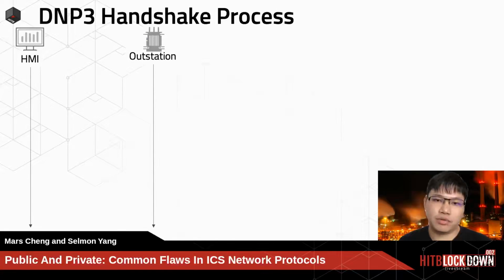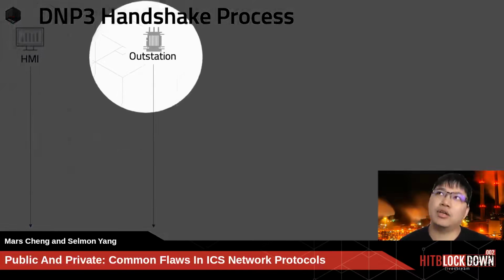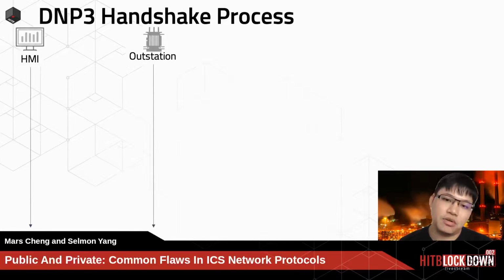And also DNP3, the other public protocol, widely used in the power industry. Here we will not use a PLC. We use the outstation, because in DNP3, usually they use the HMI and outstation communication. So this is a very simple protocol. But DNP3 emphasizes time synchronization more than other protocols, because it's for the power industry.